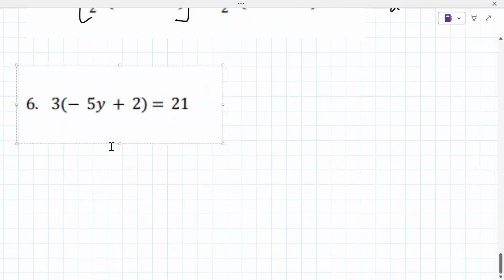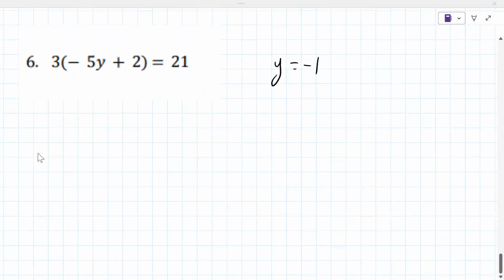All right. Why don't you try this one on your own, please? Y equals -1. All right. Now, did you solve it that quickly, or did you just guess an answer, or did you just work it out? No, I just solved it. It was pretty simple mental math because 15y plus 6. Okay.